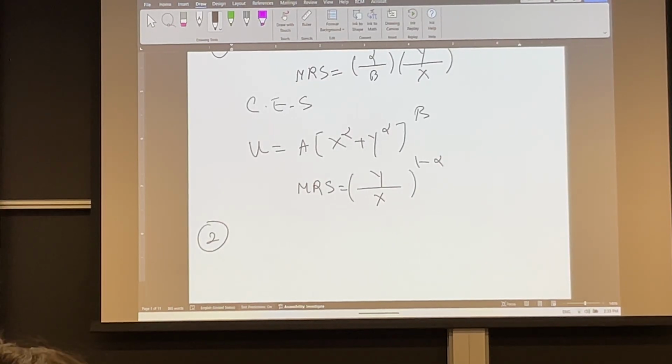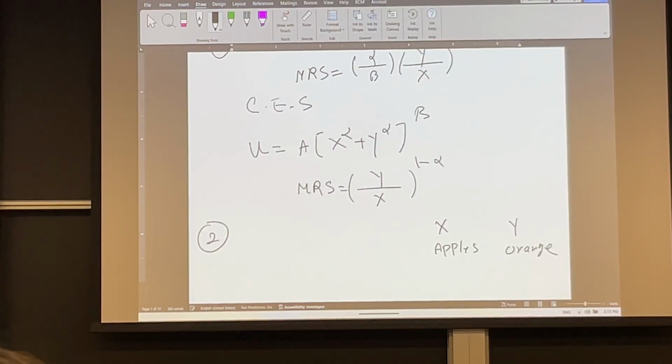Make sense? Say, X is apples. Y is oranges. Some consumers are willing to exchange 2 apples for 1 orange always. Doesn't matter how much apple you have. It's always the same exchange rate. How would the utility function for him look like?